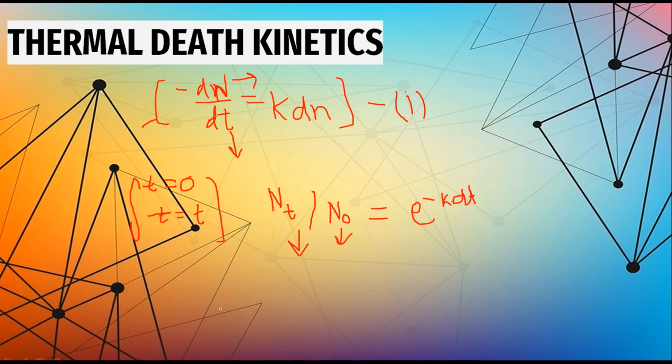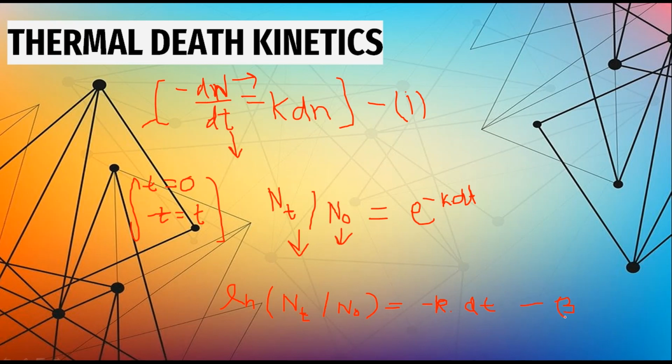Then after solving it further, we will get the equation ln, it is called natural log, Nt divided by N naught is equal to minus Kd t. So this is our final equation.